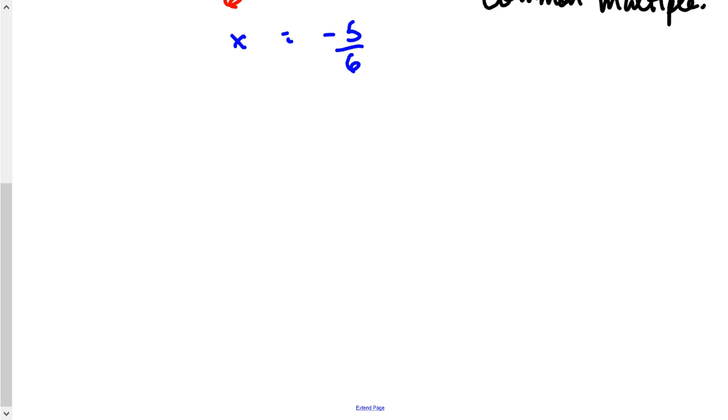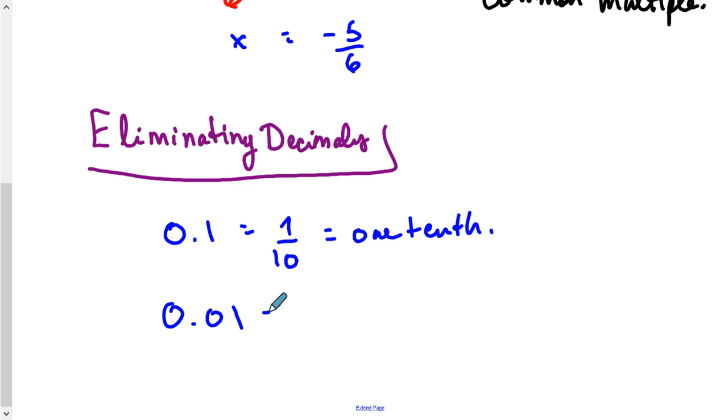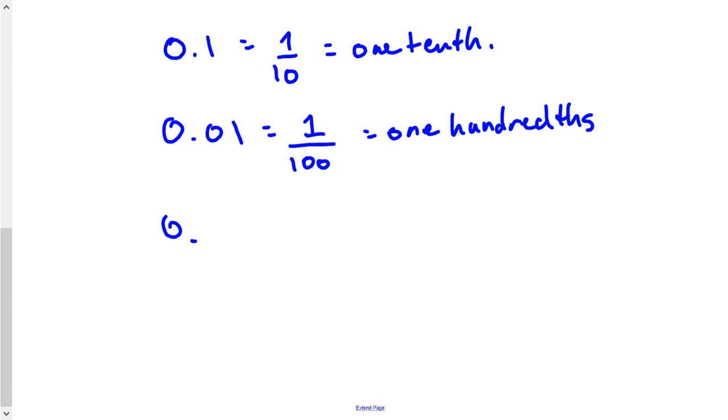The last thing is eliminating decimals. So decimals are based in fractions, so knowing that 0.1 is 1 over 10, or 1/10. 0.01 is 1 over 100, 1/100th, or 0.001 is 1 over 1,000.